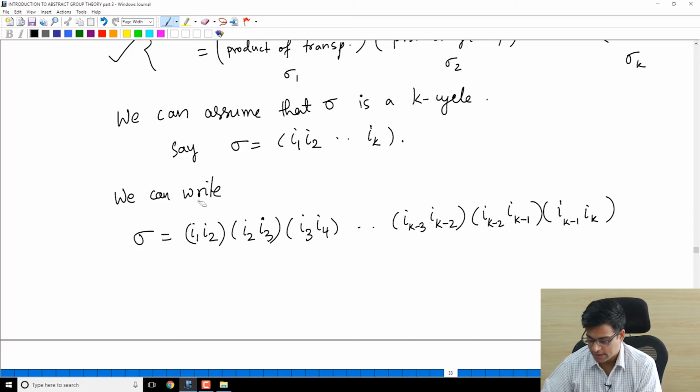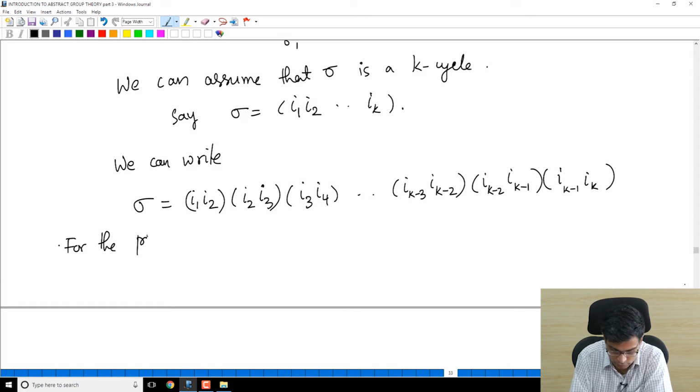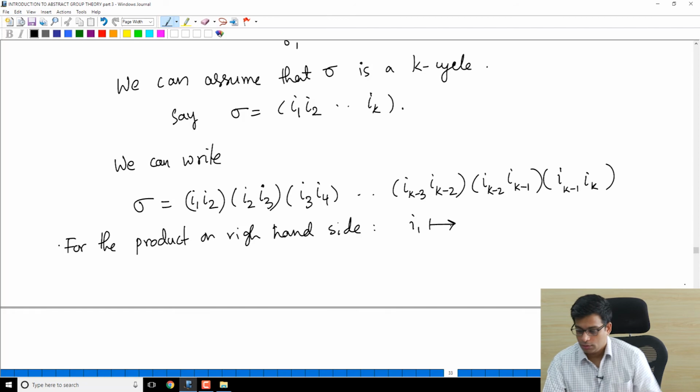So let's check this. As I said, it's very easy to see this, but let's check one by one. Where does I1 go under the right hand side product? Remember, to figure out where I1 goes, we have to go from right and keep applying I1 every time we see it.